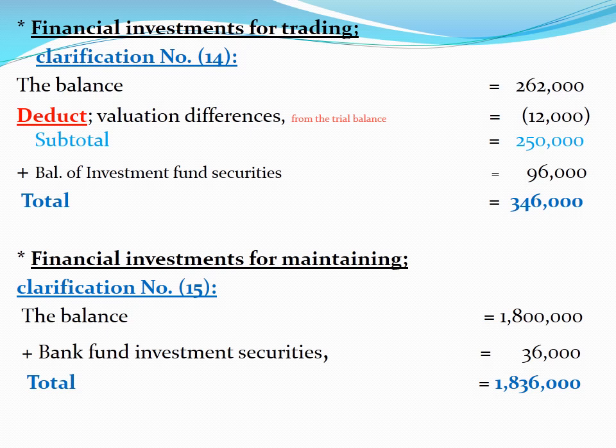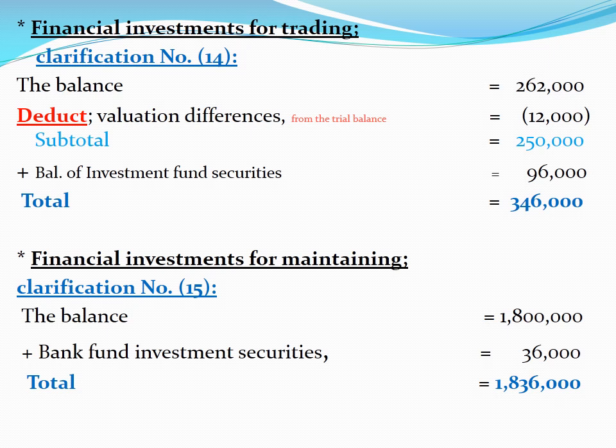Evaluation of financial investment held for trading difference. This 12,000 in the credit represents something that should be deducted from the 262 that's taken from the debit balances. 262, that is in 1, 2, 3, 4, the fourth figure from down regarding the trial balance, that is financial investment held for trading, to get its value 250.